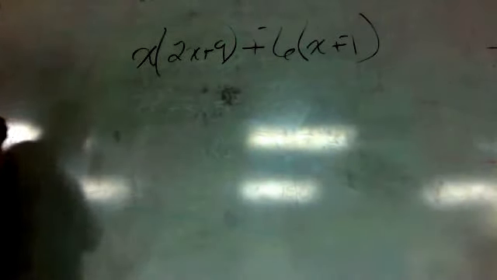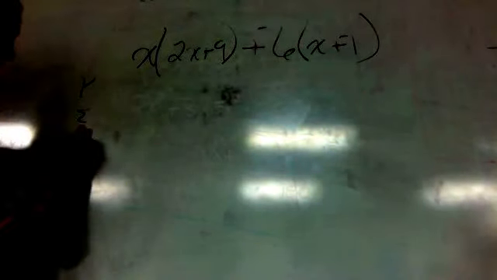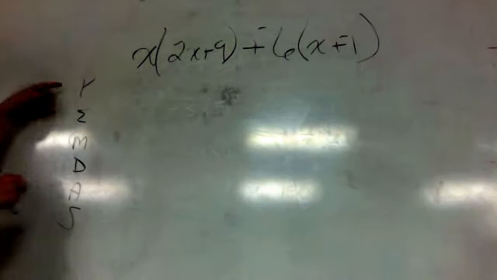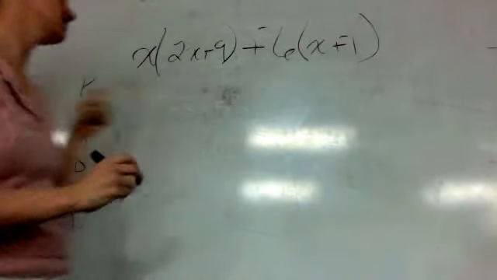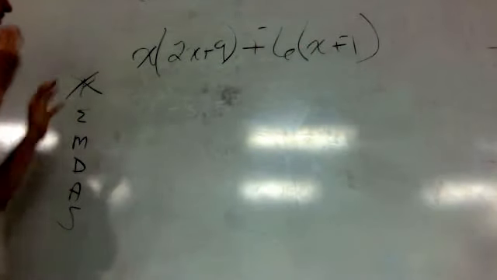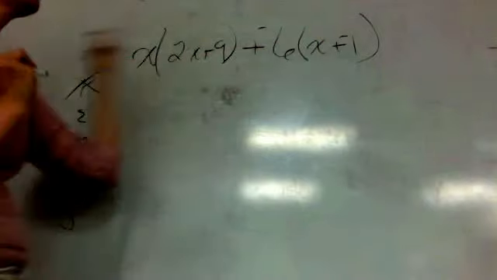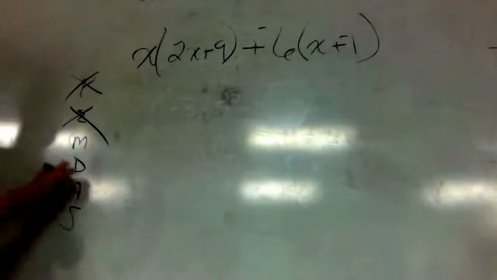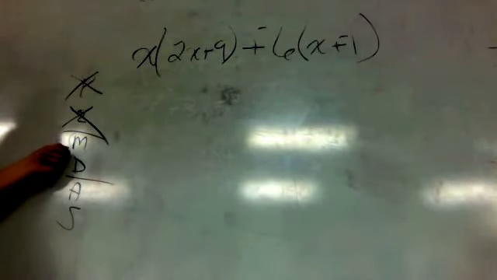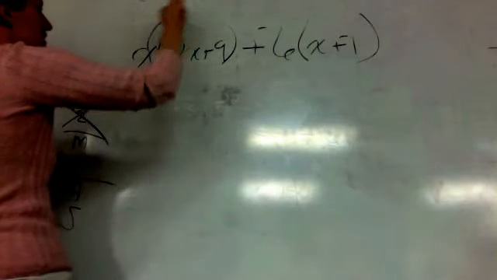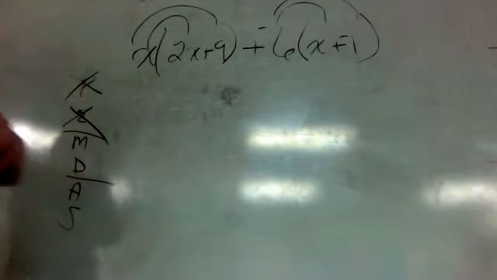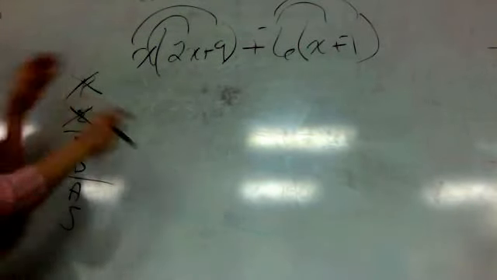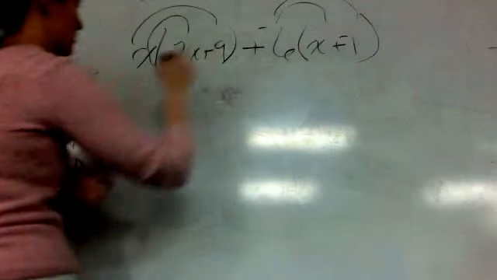Now, if you follow order of operations, it does say to do parentheses first. Well, we don't have like terms within our parentheses, so we can't do that. Exponents is second. We don't have any exponents, so we don't worry about that. Multiplication and division are next. So we have to multiply on both sides here before we can add any like terms together. So I'm going to do my distributive property twice, once here and once here.